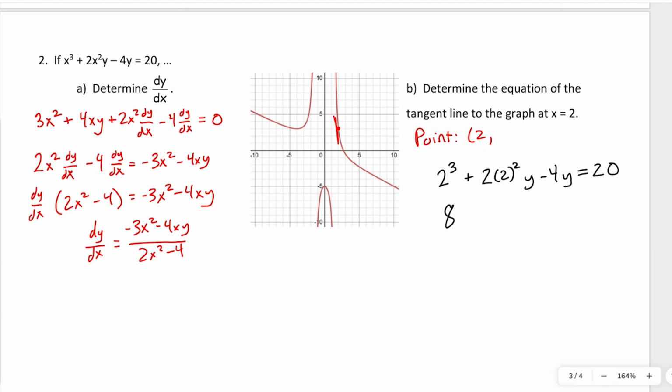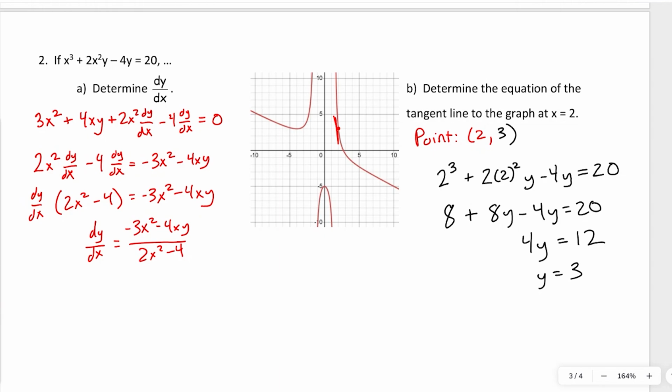So we have 8 plus 8y minus 4y is 20. I'm going to try to do 2 steps at once here. I'm going to combine my like terms. 8y minus 4y is 4y, but I'm also going to subtract 8 from both sides. So y is 3. And so our estimate was right on the money there. 2 comma 3.